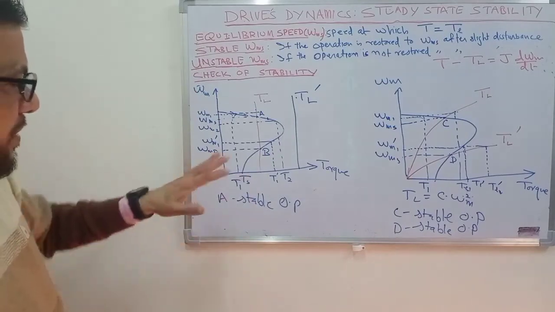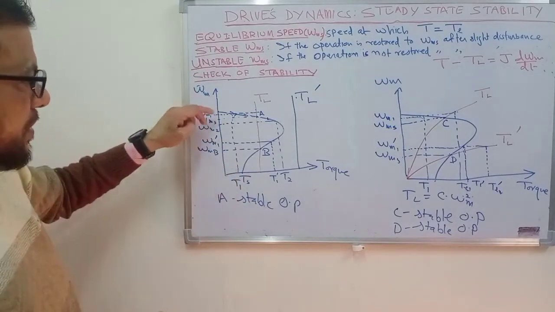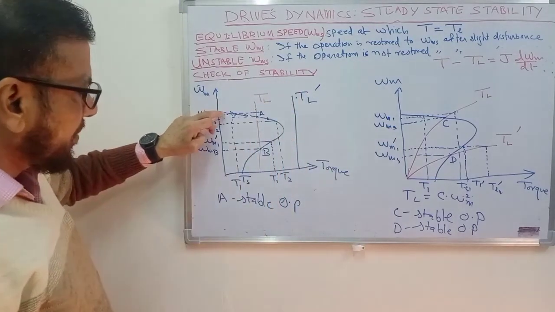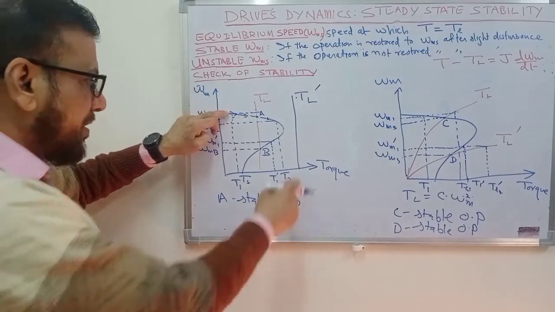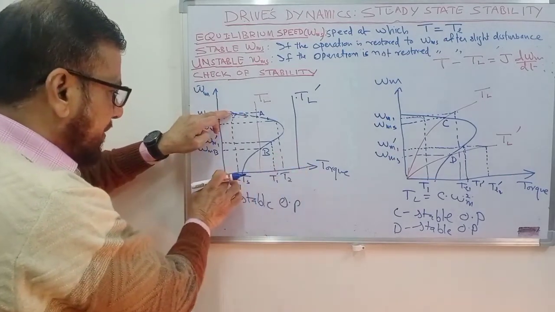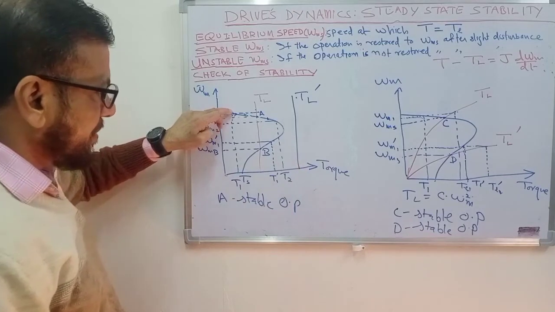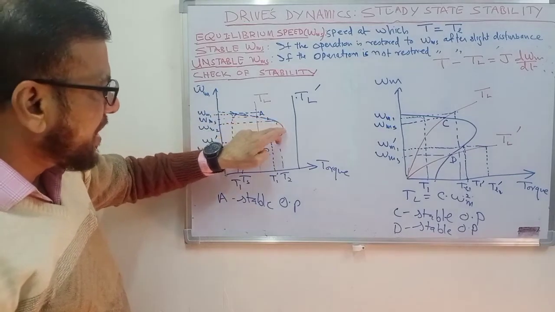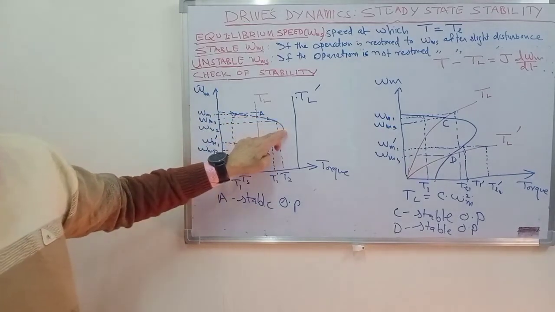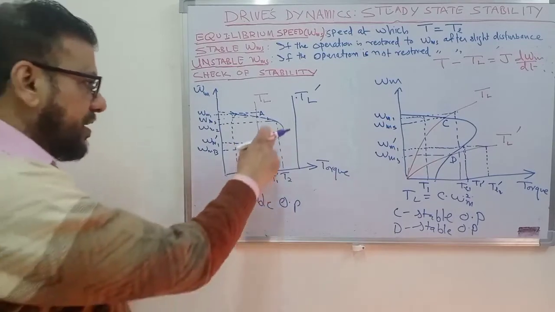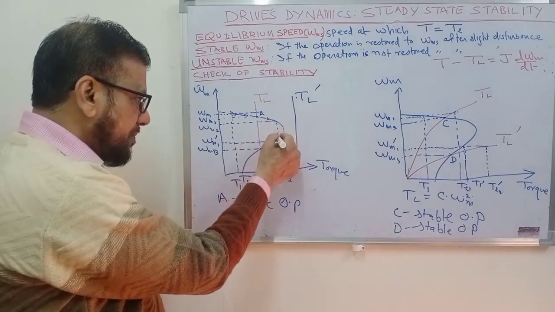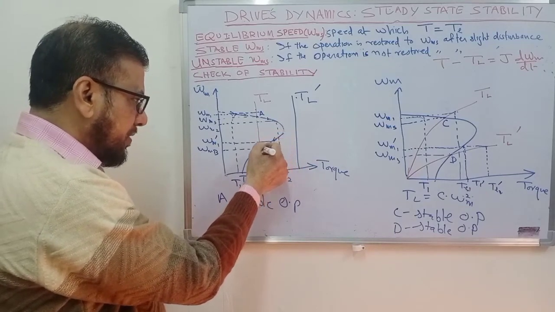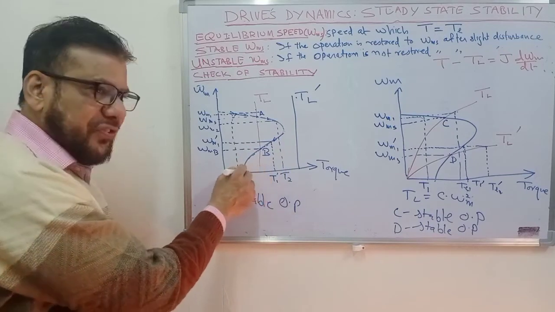You applied this load torque, you have started the motor, this is the initial speed, then you have applied this load, the motor speed will decrease because the motor torque is less than the load torque. Motor torque is here, load torque is here, so less than the load torque, speed will decrease, torque of the motor will increase, but even at this point, the motor torque is less than the load torque, and the speed will decrease further, and after that, the torque produced by the motor will decrease, and finally you will come to zero speed.